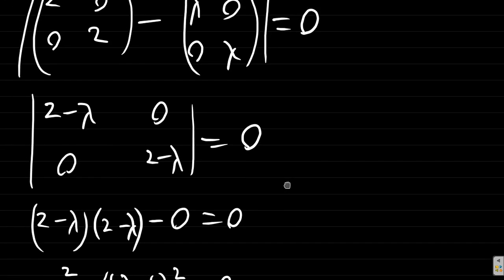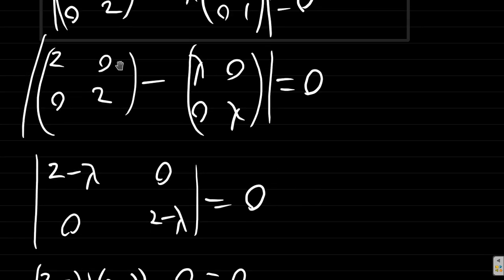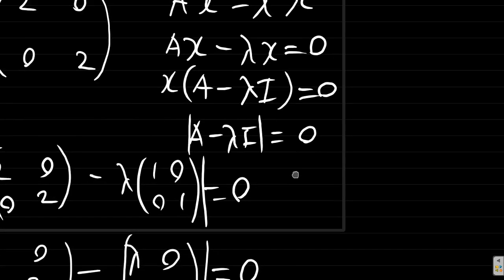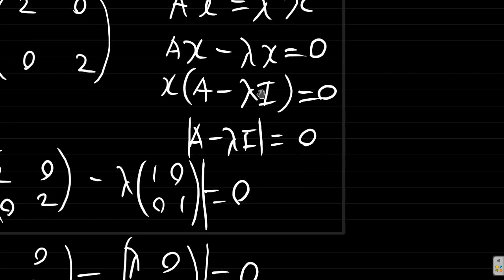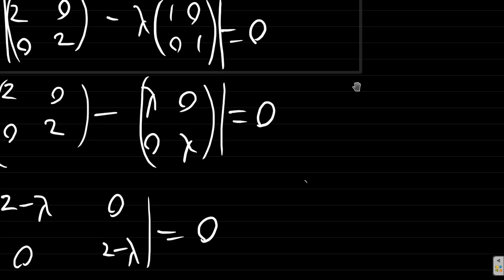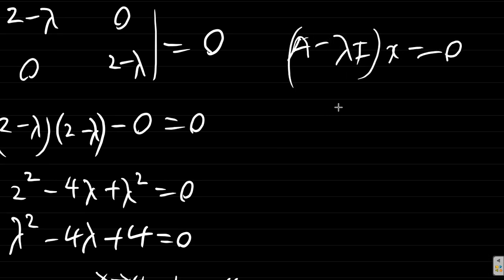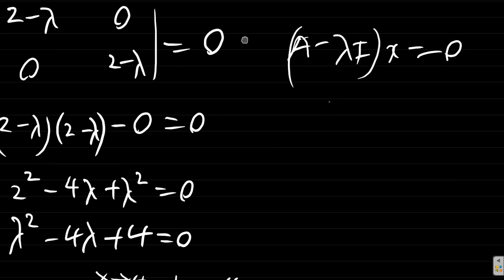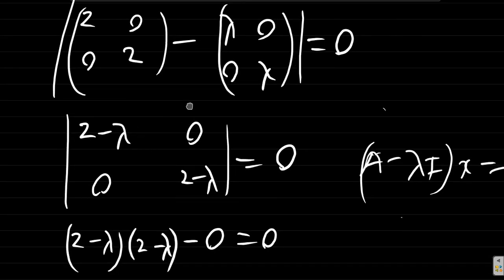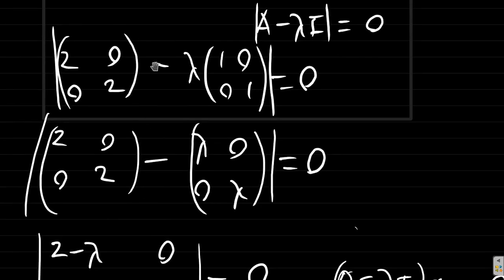But anyway, what happens when lambda is 2? We want the eigenvectors. Now, A minus lambda I times x is 0. So let's rewrite it here. A minus lambda I times x is equal to 0. But what is A minus lambda I? It's this. It was 2, 0, 0, 2 minus lambda times 1, 0, 0, 1.